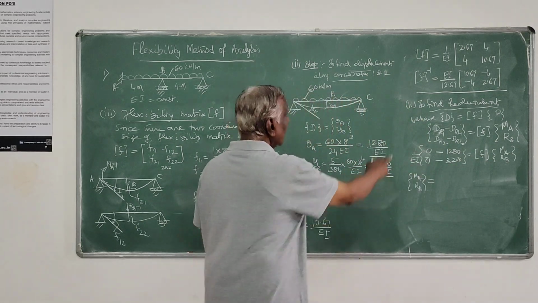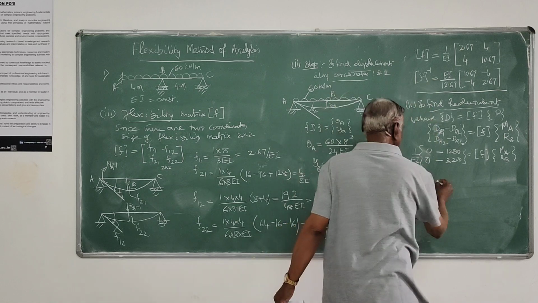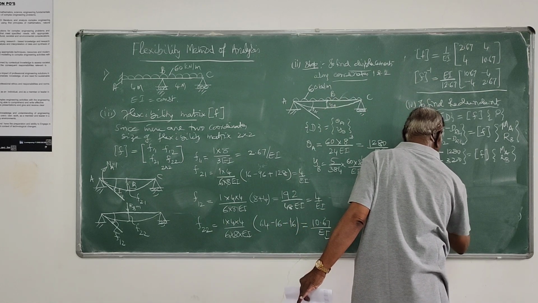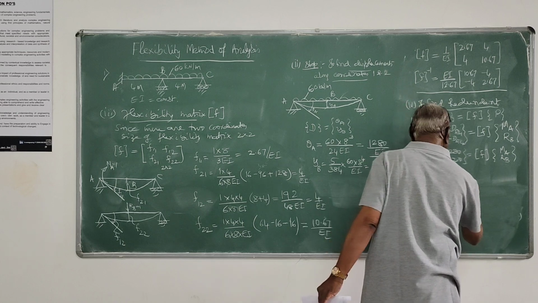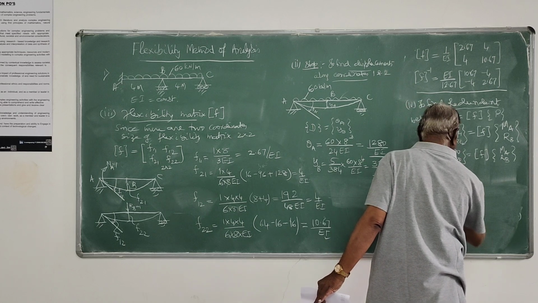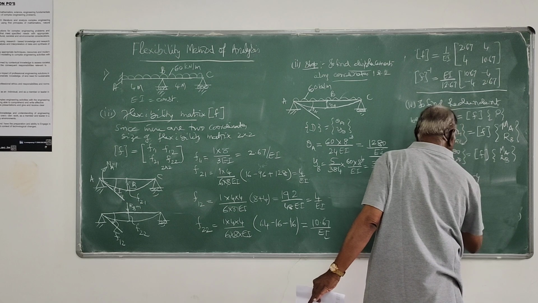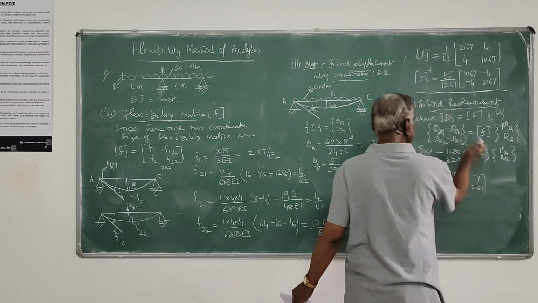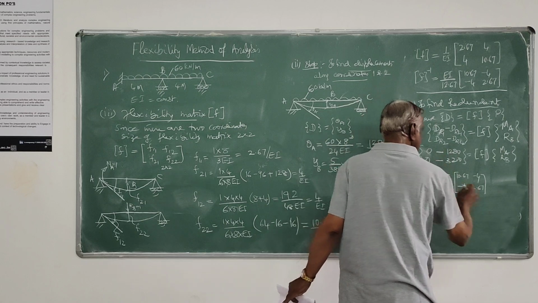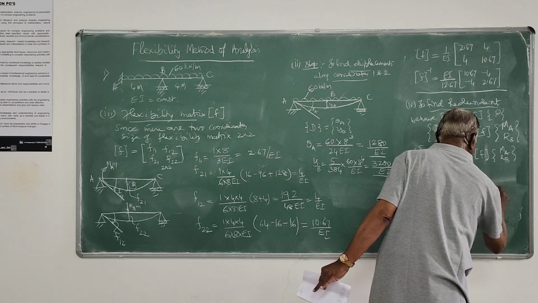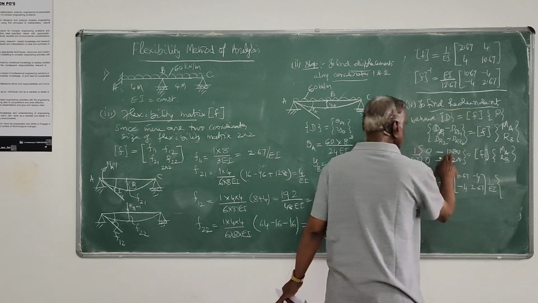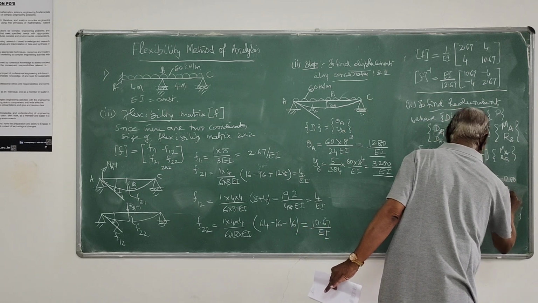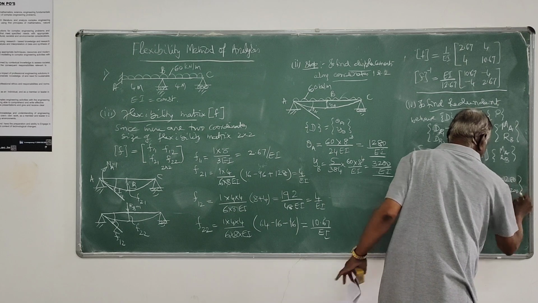That F inverse I have determined here, that is EI by 12.67 into 10.67, minus 4, minus 4, 2.67, into 1 over EI into minus 1280, minus 3200.